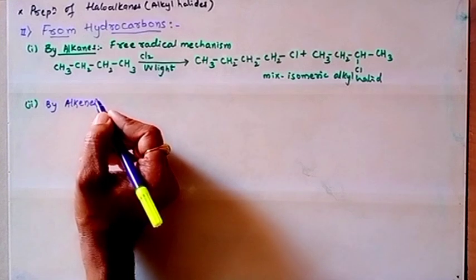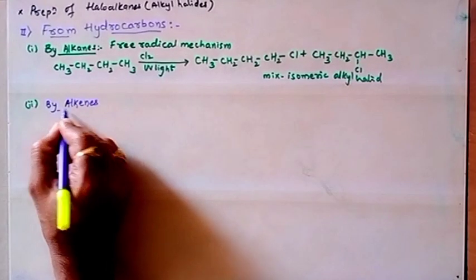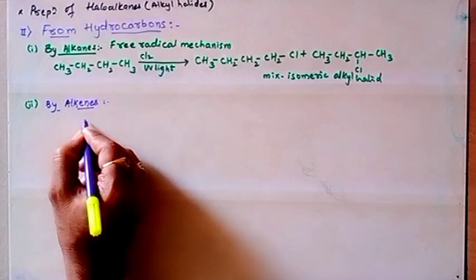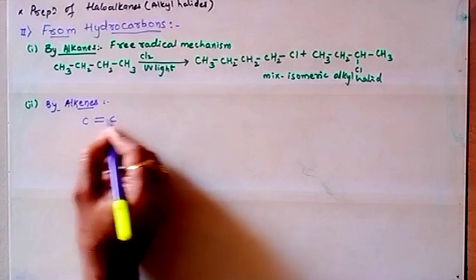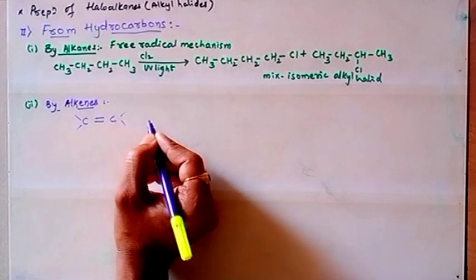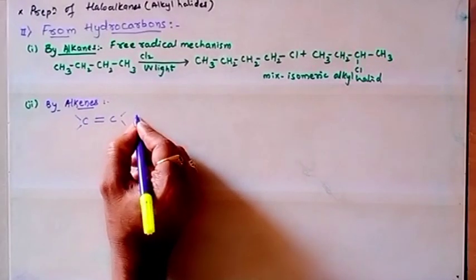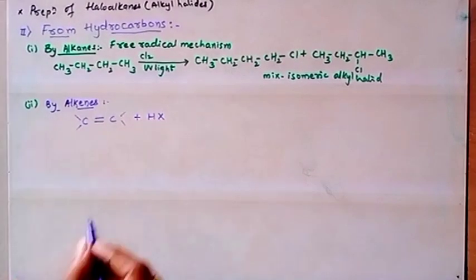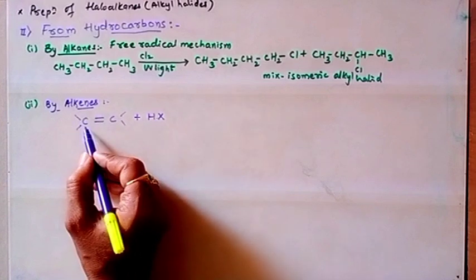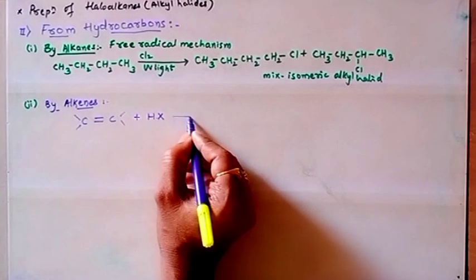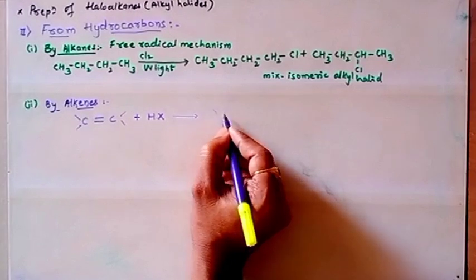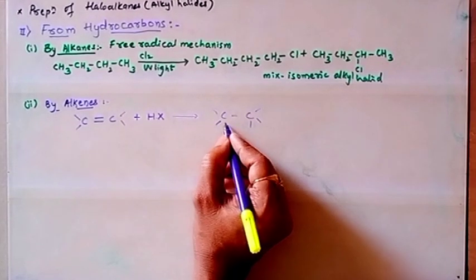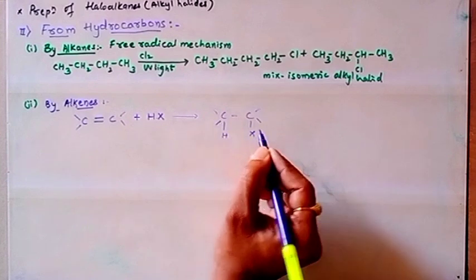So how can these alkenes be used to prepare haloalkanes? When an alkene containing a carbon-carbon double bond is treated with hydrogen halides, the hydrogen halide adds to the alkene and we get an alkyl halide.